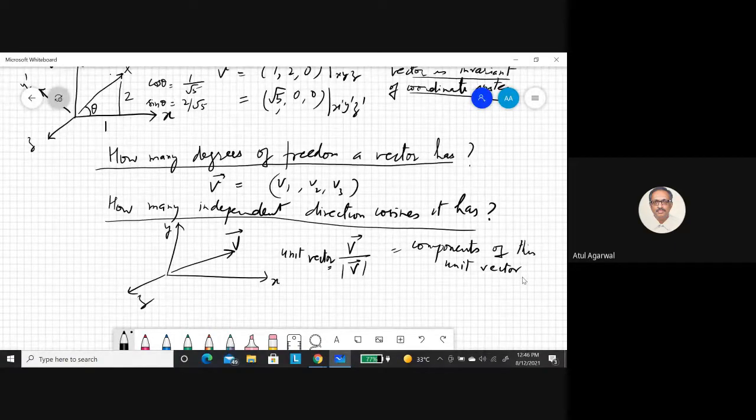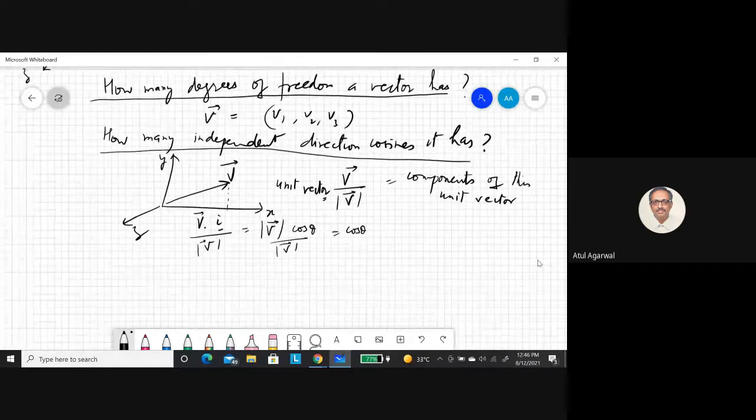So what will be the components of this unit vector? Basically, you are finding v dot i. So this is magnitude of vector v into cos of theta. And now, if you divide it by magnitude of v, you get cos theta. So that is why it is called direction cosine.